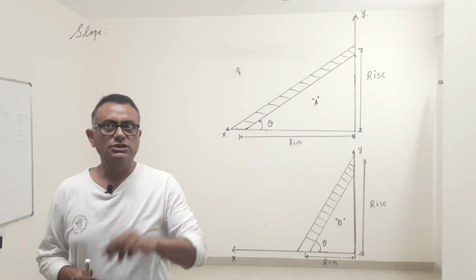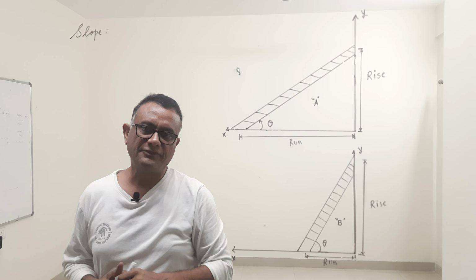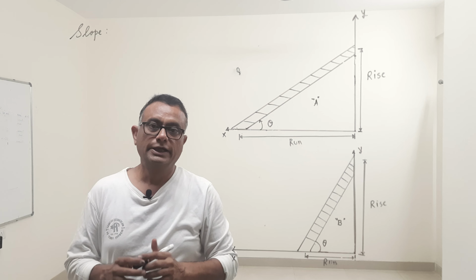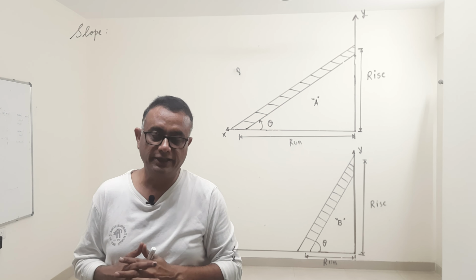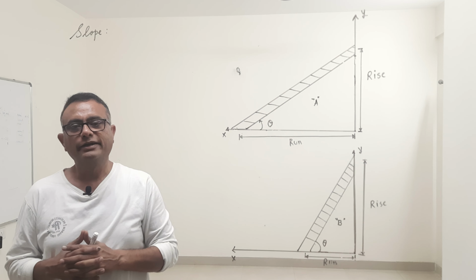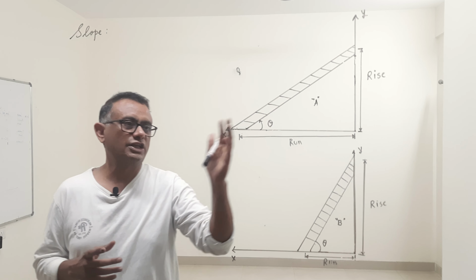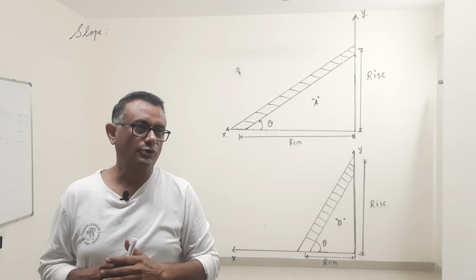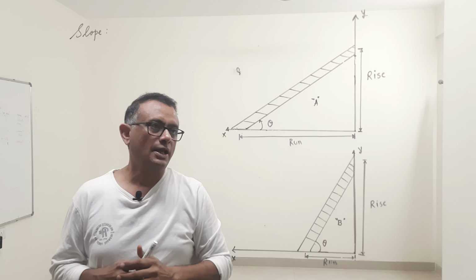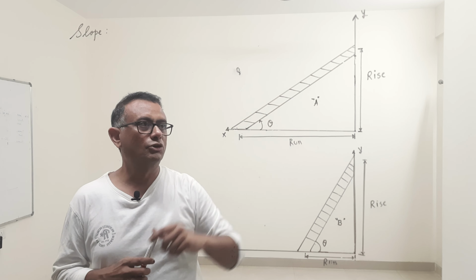This concept called slope is very important for us to solve the numericals that we get in the distance time graph and the velocity time graphs. I want to explain this to you using a very simple example. We have a ladder propped against a wall, and maybe you want to remove a book from a shelf.